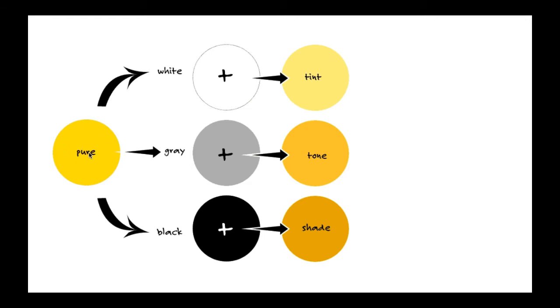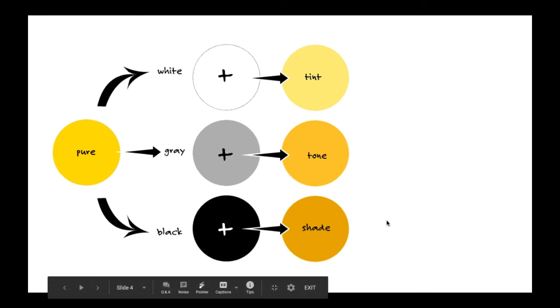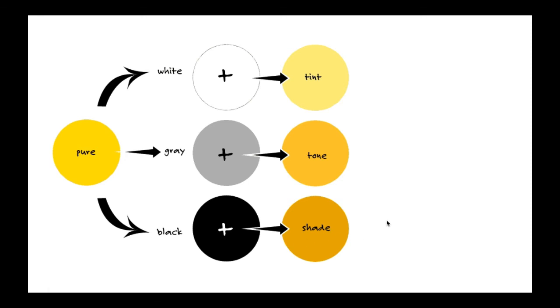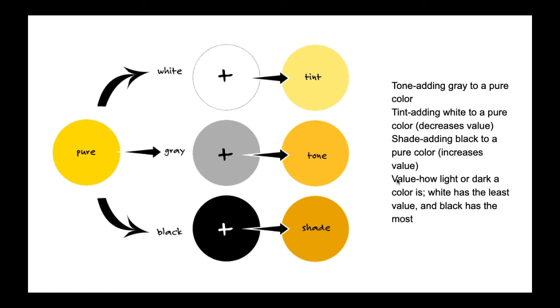So we start with our pure color, and if we add white to it, we get a tint. If we add gray to it, we get a tone. And if we add black to it, we get a shade. So here is tones, tints, shades, and then value. So how light or dark something is.